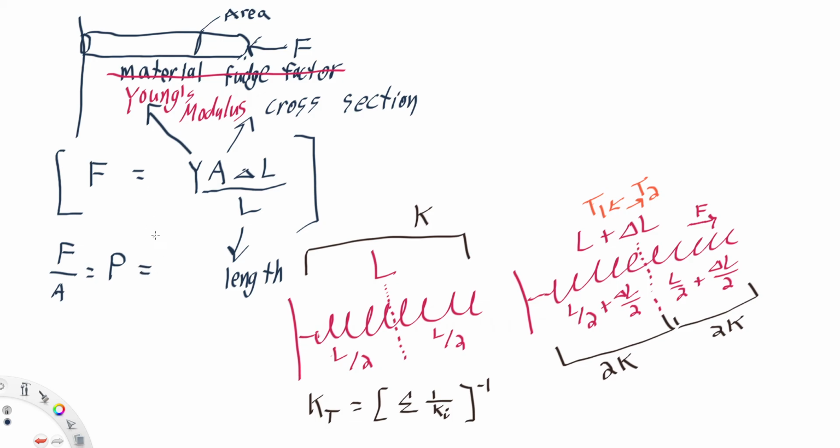And on the right-hand side, we put delta L and L together, and we talk about a fractional change in length, which is sometimes written as sigma.